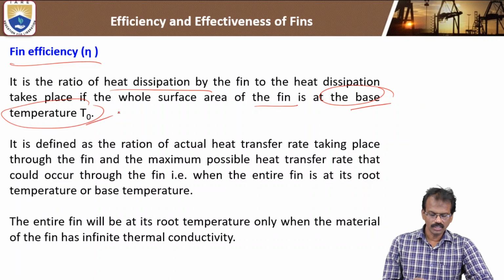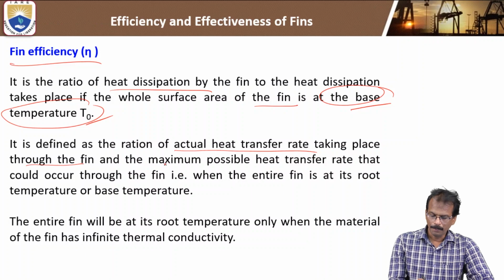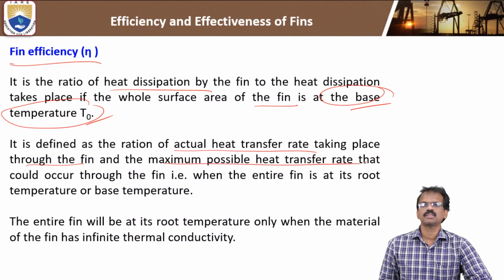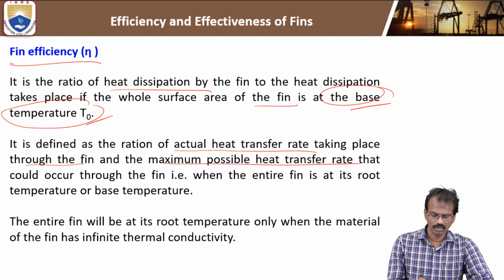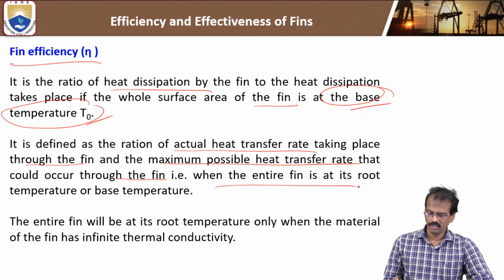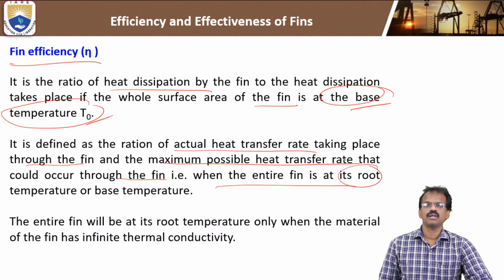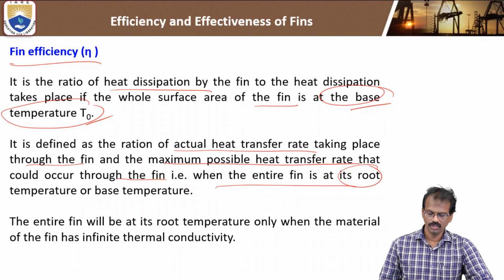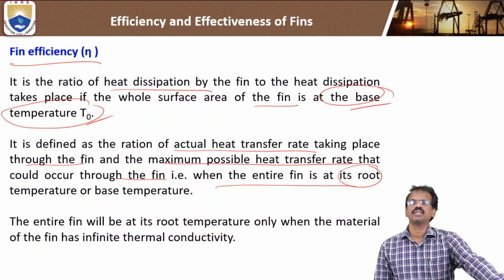So it is defined as the ratio of the actual heat transfer rate through the fin to the maximum possible heat transfer rate that could occur through the fin. When the entire fin is at its root temperature or base temperature, we get the maximum possible heat transfer rate.